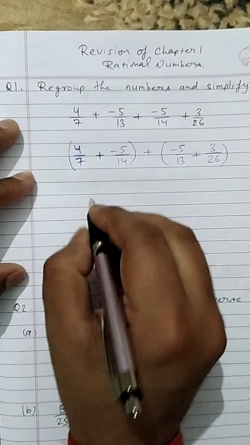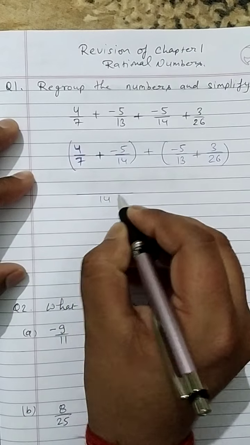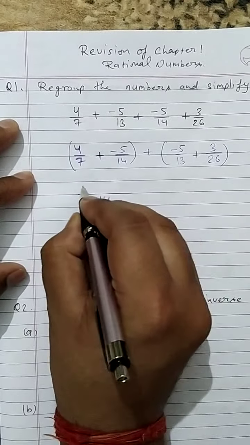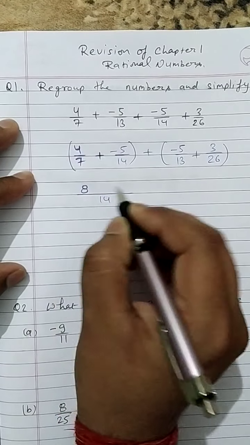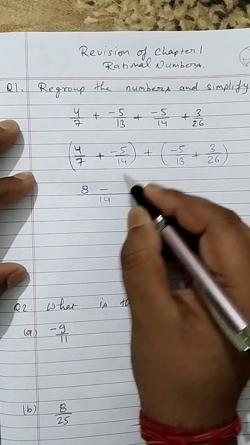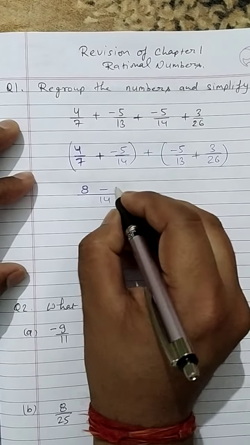The LCM of 7 and 14 will be 14. 14 divided by 7 is 2, and 2 times 4 is 8. Plus into minus gives you minus. 14 divided by 14 is 1, and 1 times 5 is 5.